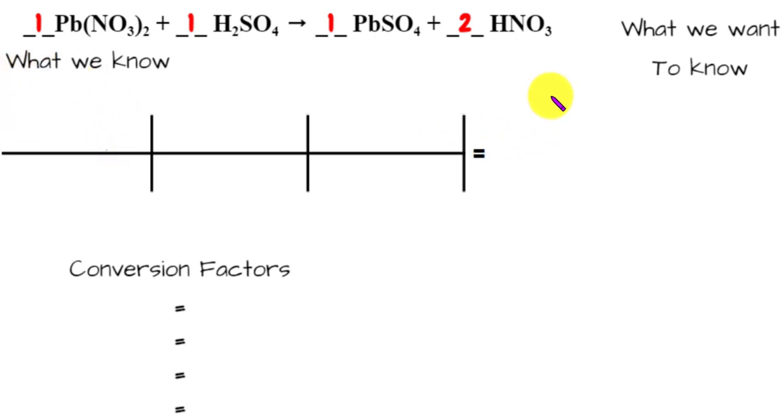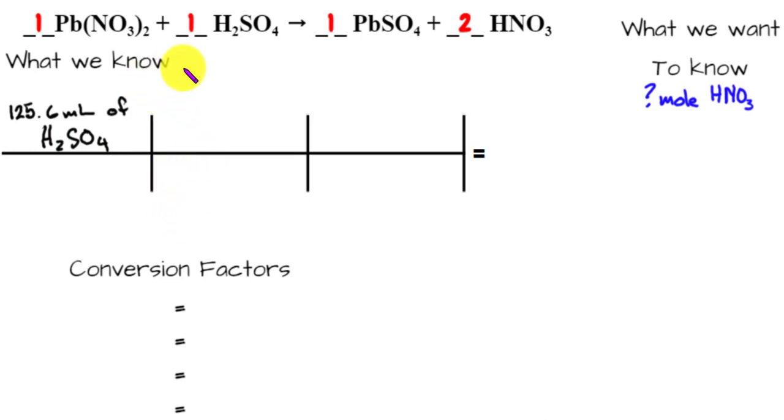All right, so how many moles of nitric acid, HNO3, can be produced if 125.6 milliliters of sulfuric acid, H2SO4?